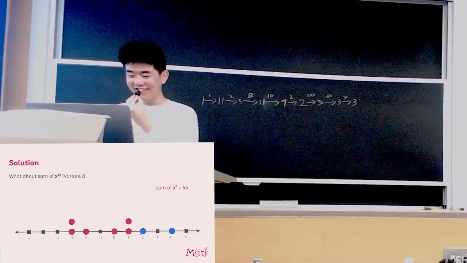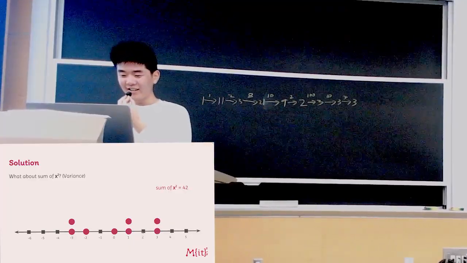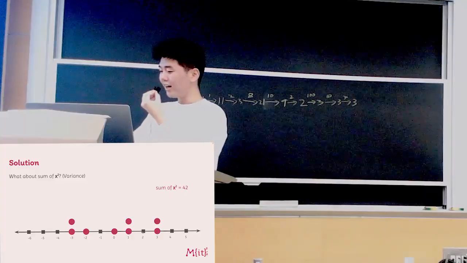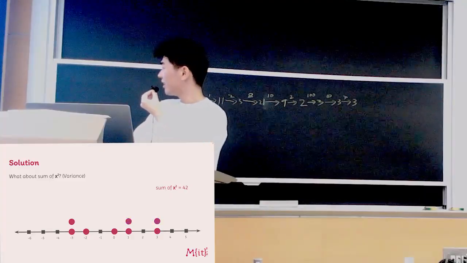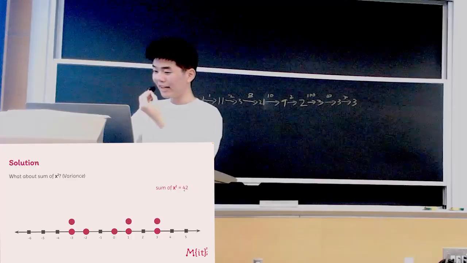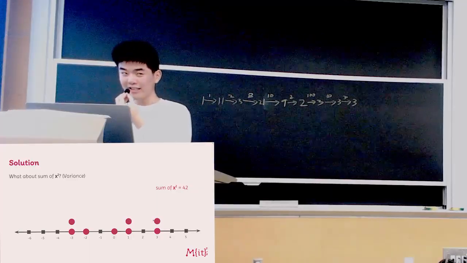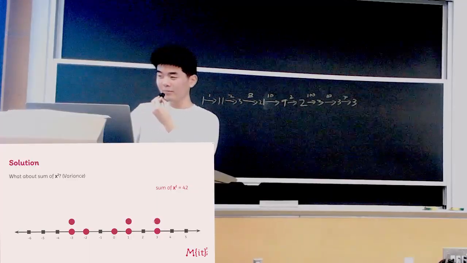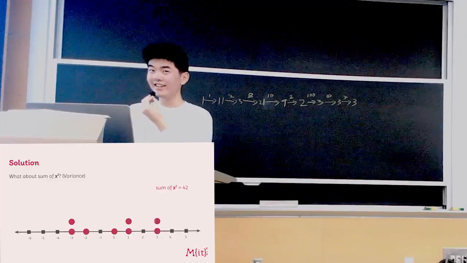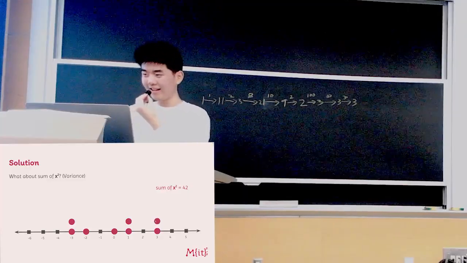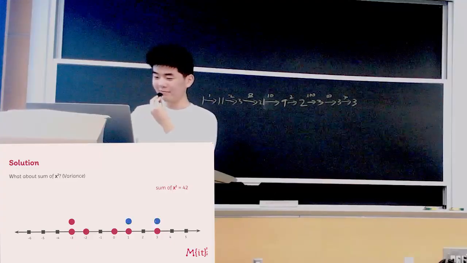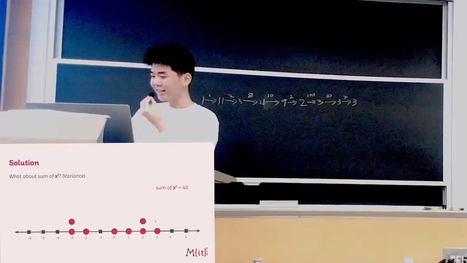If I do the operation on 2 and 4, and I merge them into two 3s, then my sum of x squared has become 42. You can see this is true because 2 squared plus 4 squared is 20, and 3 squared times 2 is 18.